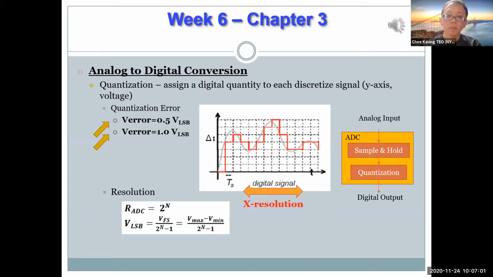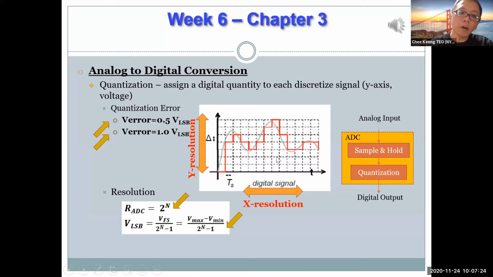In summary, sample rate determines the x resolution, whereas the number of bits determines the number of intervals on the y-axis and therefore the y resolution. Here 2 to the power of n refers to the total number of digital levels. VLSB refers to the step size of each interval.